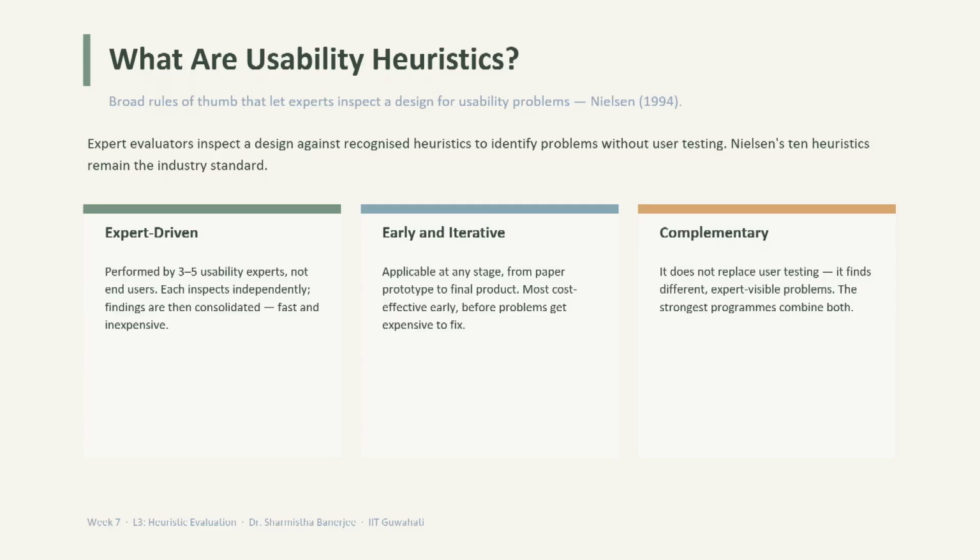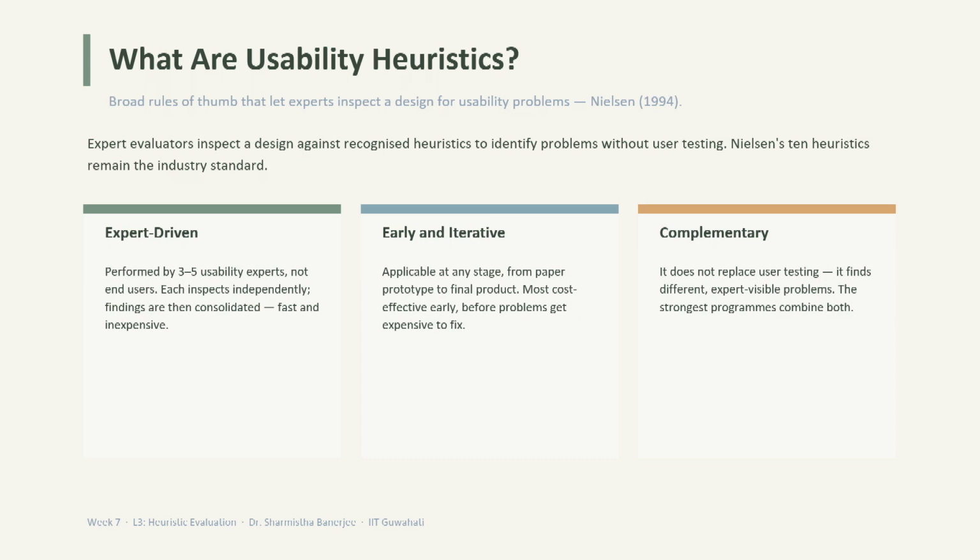The advantage of heuristic evaluation is that you can start it from very early phases of design, and it is supposed to be an iterative process. After each design cycle, you will conduct a usability evaluation. It is a complementary method, so it does not replace actual user testing.